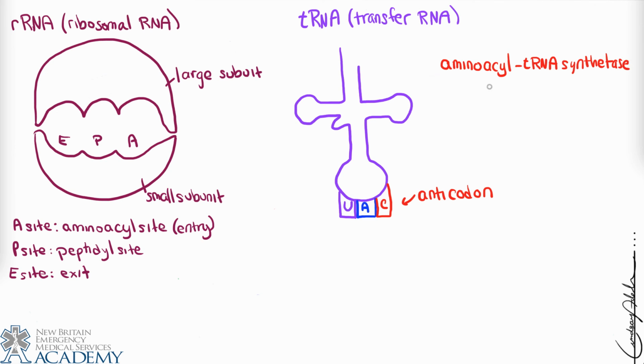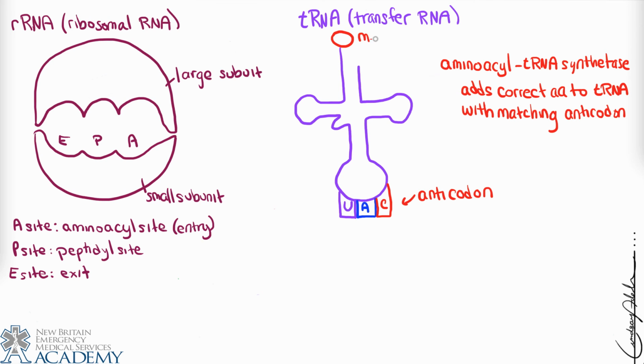So we use an enzyme called aminoacyl tRNA synthetase, and it basically adds a correct amino acid to the tRNA with a matching anticodon. So the codon that we were using in the previous screen was AUG, which codes for methionine, and so we can see that opposite of AUG is UAC for the anticodon, and then the amino acid that we're going to attach is methionine.